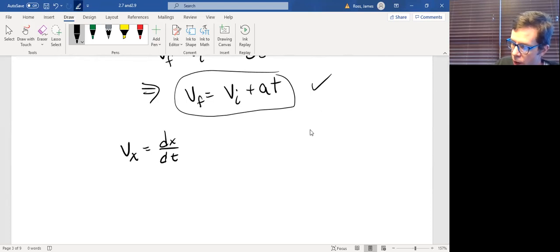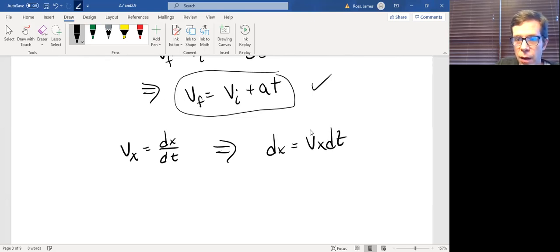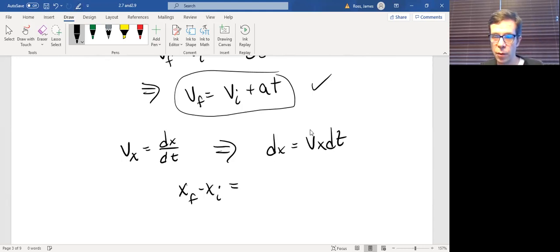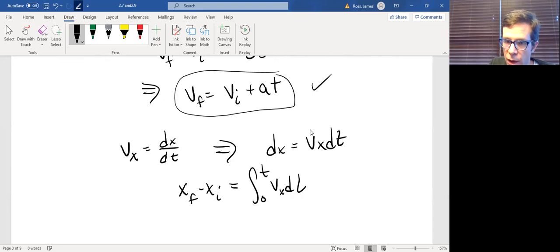So now we can say dx equal to v_x dt, integrate both sides, x final minus x initial is equal to the integral from 0 to t of v_x dt.